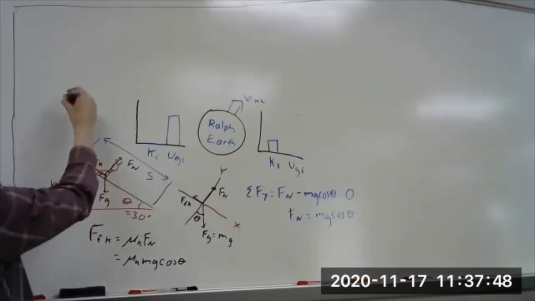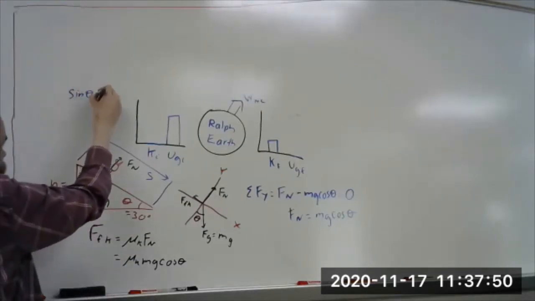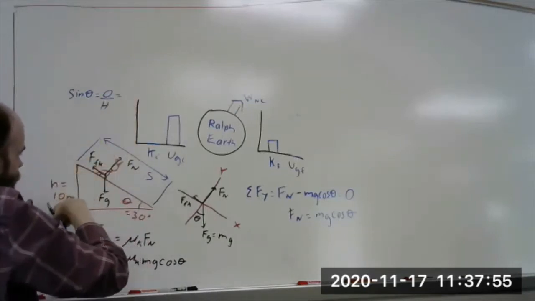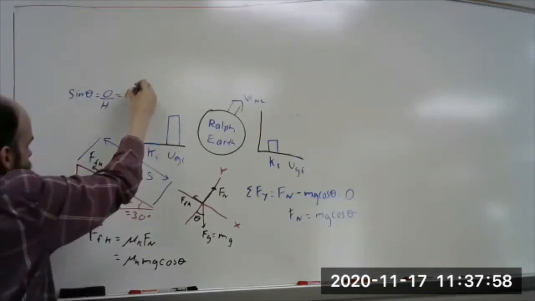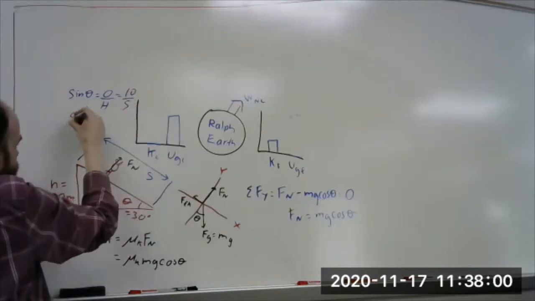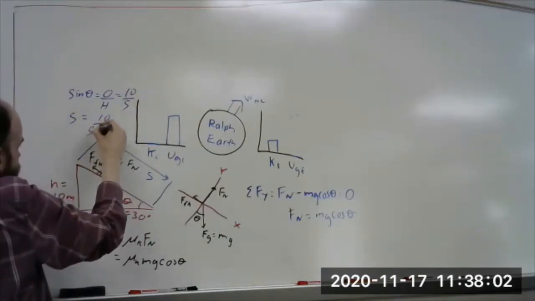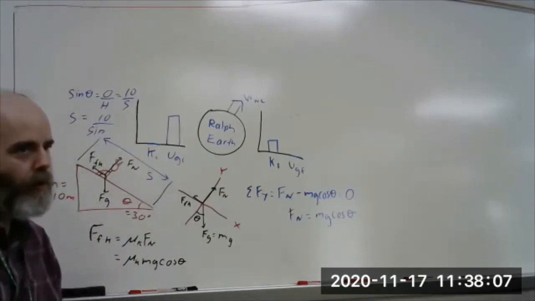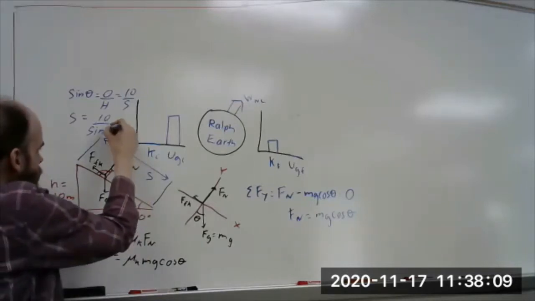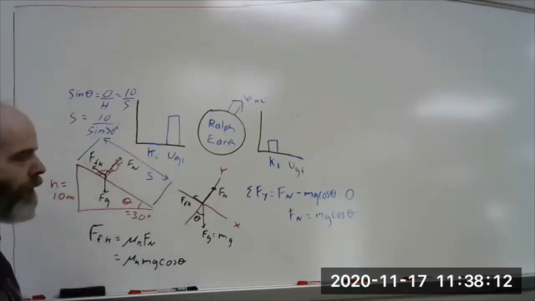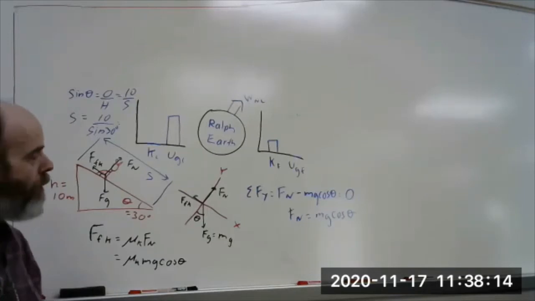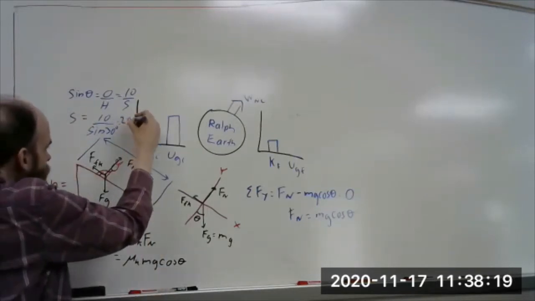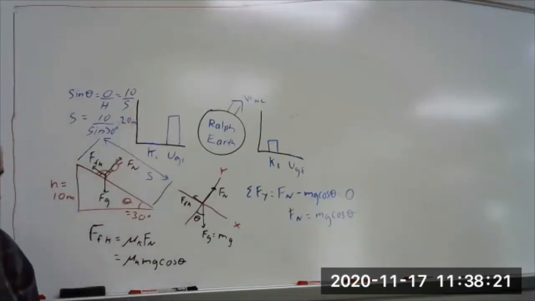Sine theta equals opposite over hypotenuse, which is 10 over S. So S equals 10 over sine theta, and theta is 30 degrees. So it's sine 30 degrees. Sine 30 degrees is 1/2. So this is going to be 10 over 1/2, which is 20. So 20 meters. So S is 20 meters.